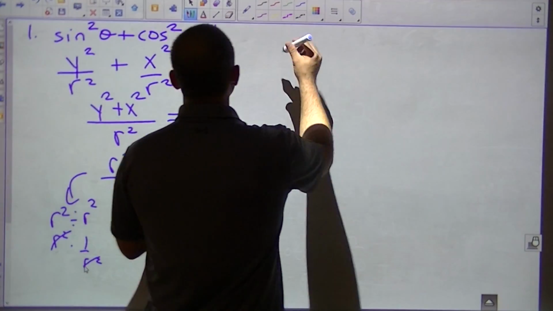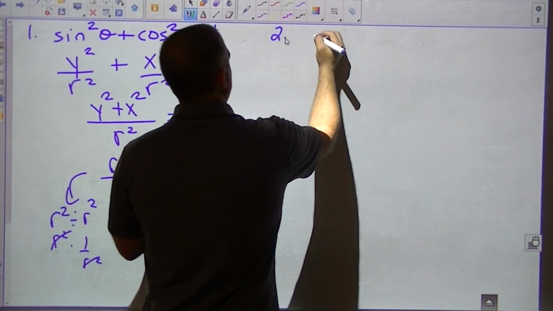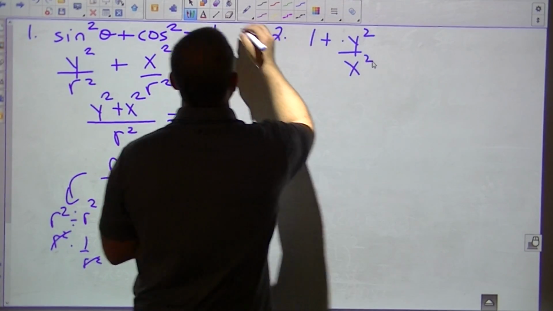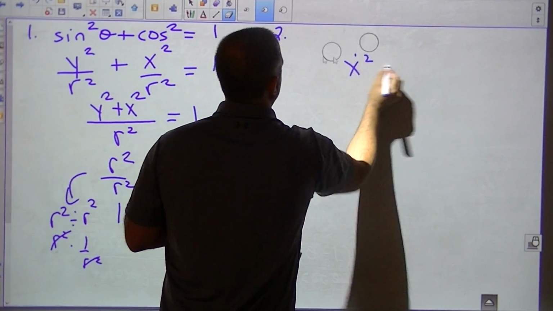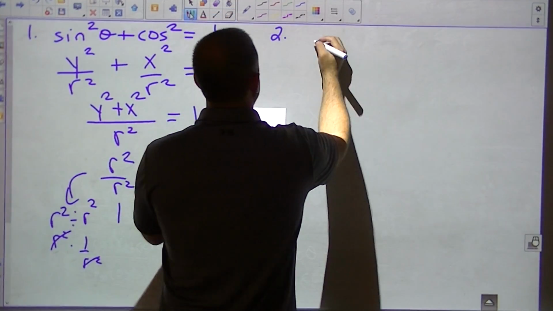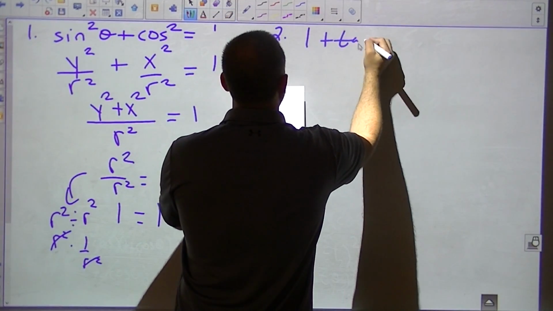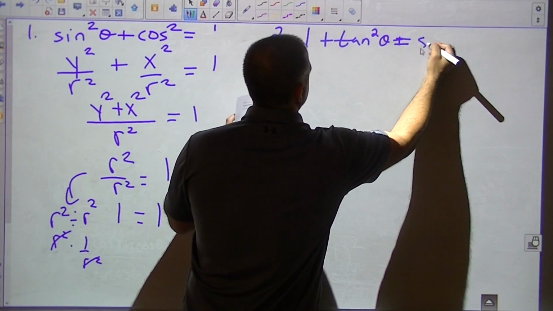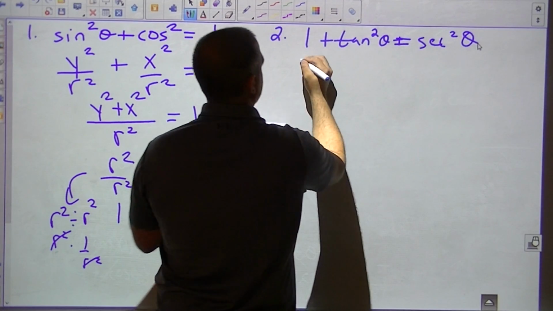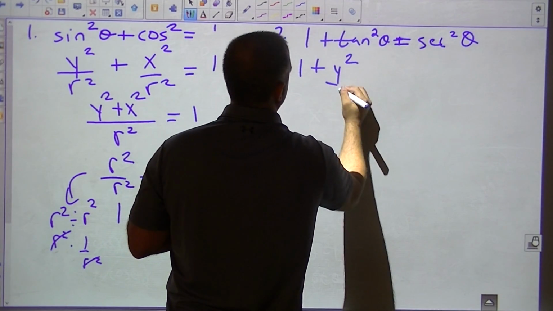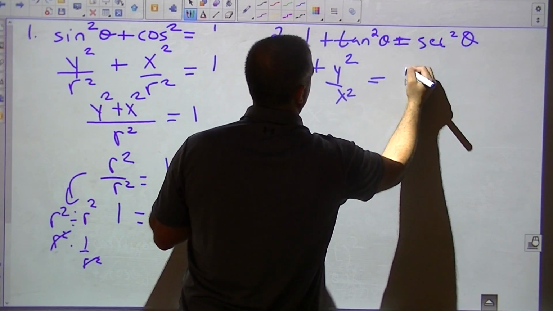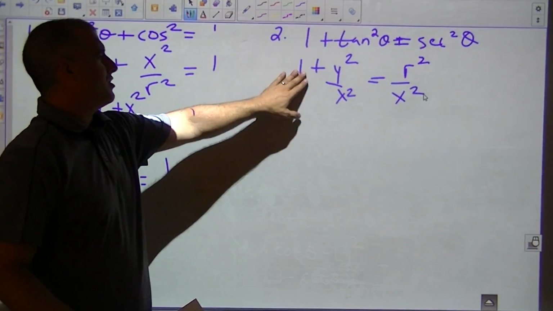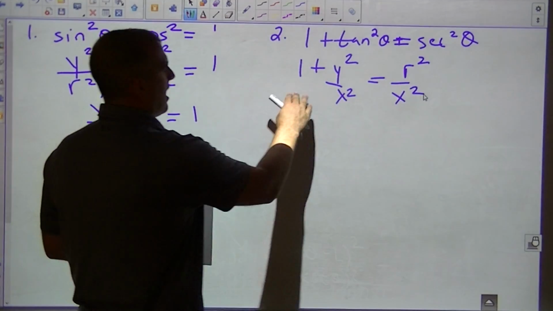Number 2: 1 plus y squared over x squared, that would be tangent. Let me write down the actual problem so you guys aren't confused, because you're working off the worksheet. So 1 plus tan squared of theta equals secant squared of theta. That's 1 plus y squared over x squared equals r squared over x squared. Here you have addition of fractions, so you want a common denominator.